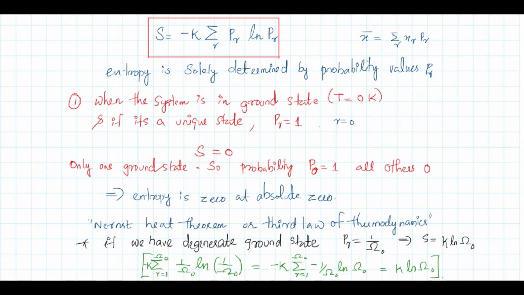So you write the term 1 by omega 0 log omega 0 plus 1 by omega 0 log omega 0 and so on, omega 0 times. Summing over all the states, you will get K log omega 0. So entropy will be K log omega 0 if there is a degeneracy in the ground state. If there is a unique ground state, then this omega 0 will be 1 and entropy will be 0.